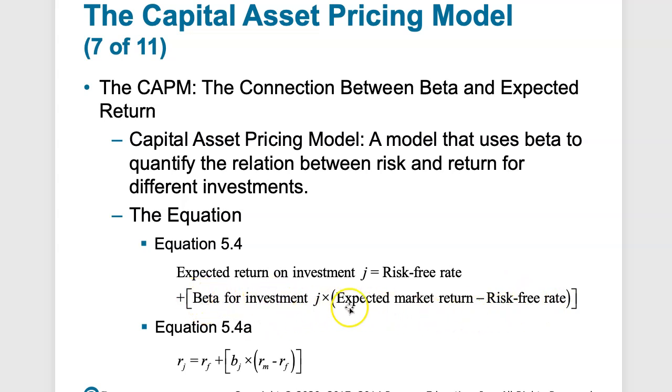We want beta only to amplify the part of the market return that does not include the risk-free rate. The market return includes the risk-free rate, so we subtract it out to get a true market return without it, multiply it by beta, thereby amplifying beta's effect on the market, and then add back the risk-free rate unamplified to get the expected return on the stock.